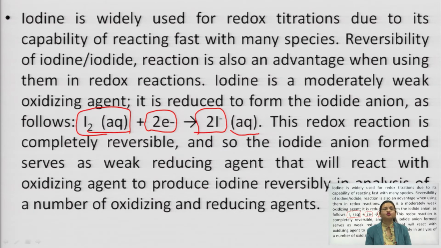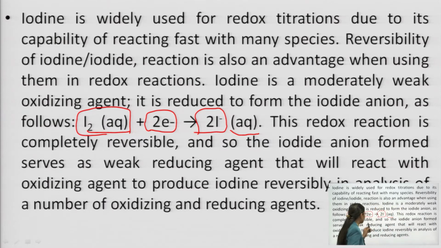It gets reduced, iodine reduces to 2I minus iodide. We have told earlier also that the species which reduce themselves oxidize others, and they are called oxidizing agents. The species which oxidize themselves and reduce others are called reducing agents.